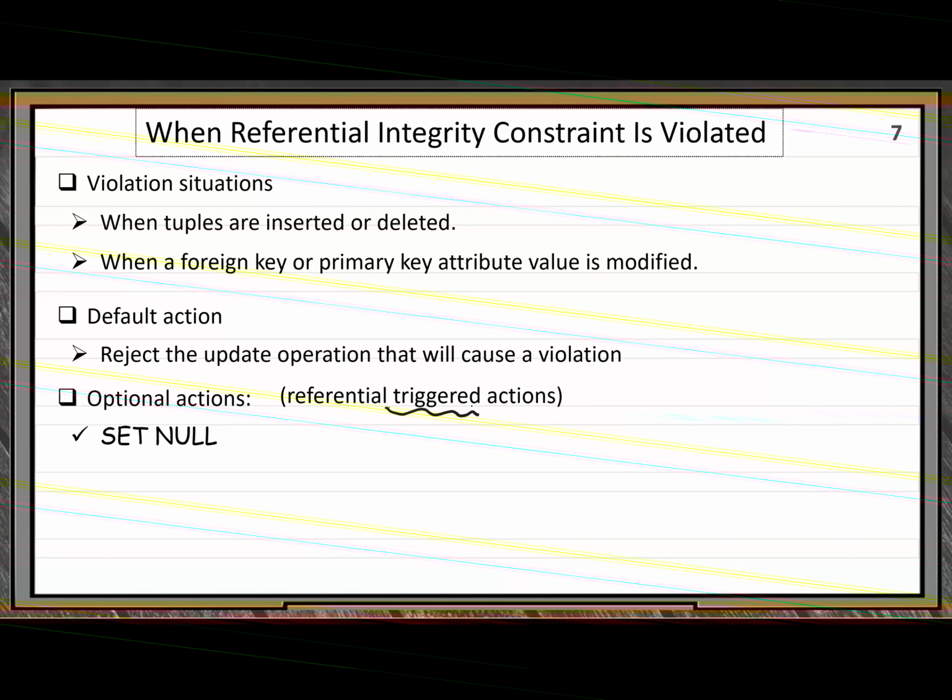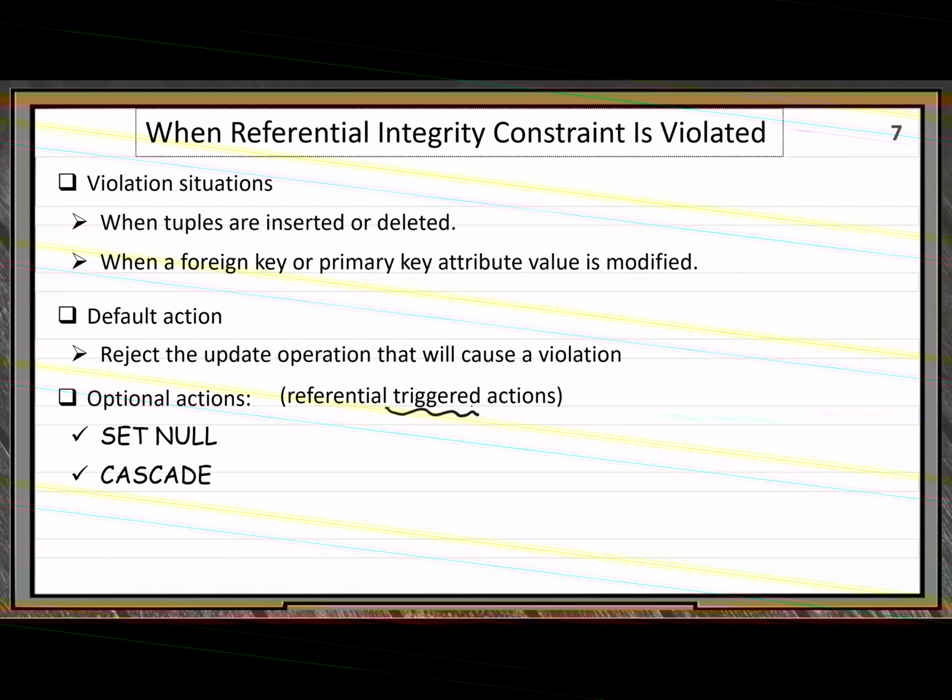It's very natural to set the referencing value to null, because you cannot choose any other reasonable value. That's one of the optional actions you can choose.